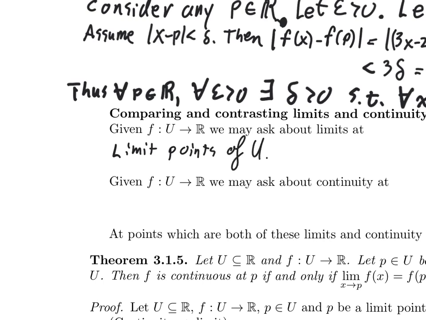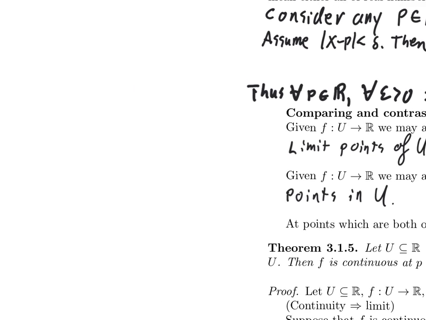Of the domain. Given a function defined in a domain, you can ask whether or not a function is continuous at points in the domain. And one thing that maybe I'll point out, not every point in a set is a limit point. Let's draw an example.